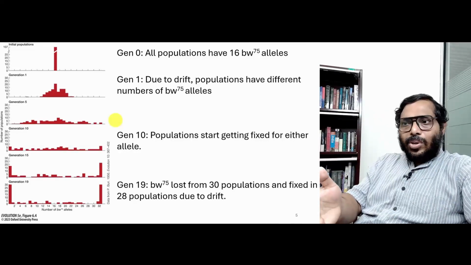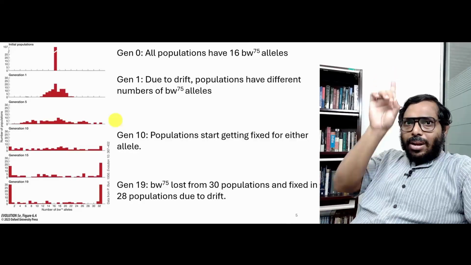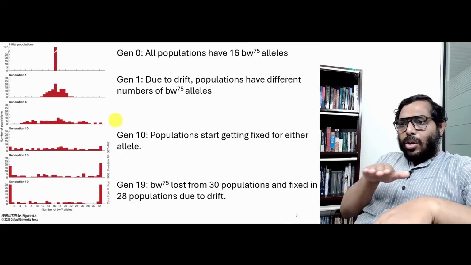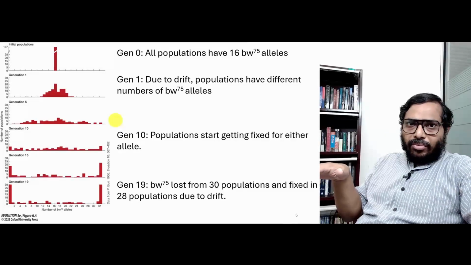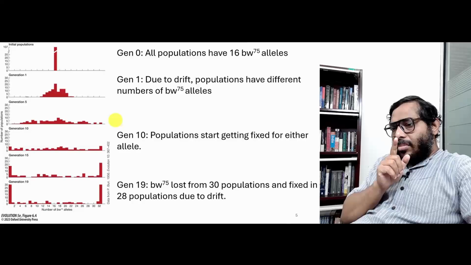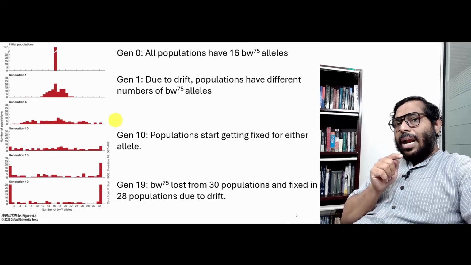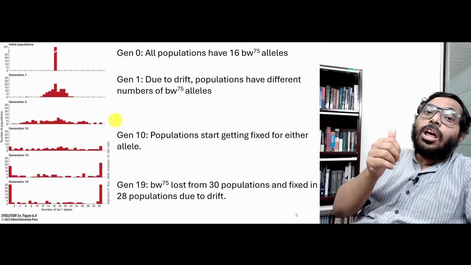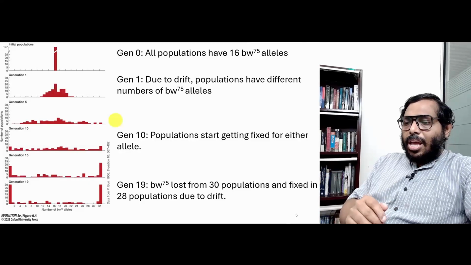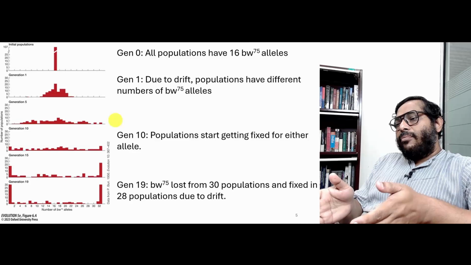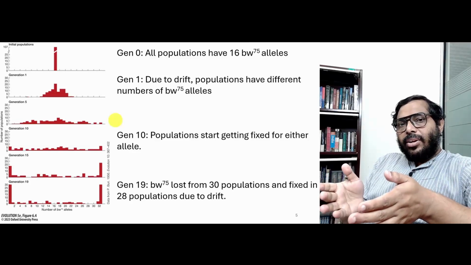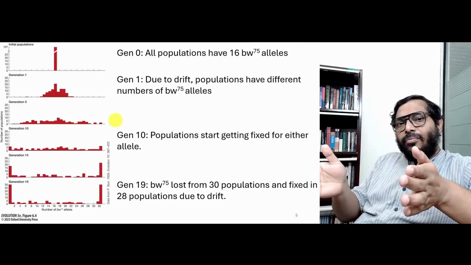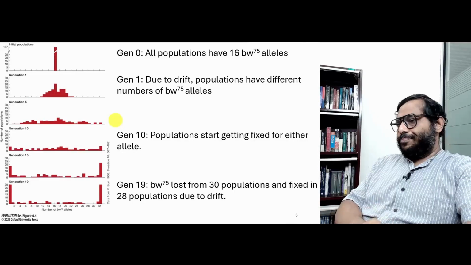That is exactly what you are seeing: you are starting with just one tall bar and how that is now getting distributed over time across various numbers of BW75 alleles. And the second major thing it shows is that the ultimate fate of drift is either fixation or loss, which is what is happening over here. By generation 19, you can see that 58 out of the initial 107 populations, which is slightly more than 50%, have become fixed in one direction or the other.